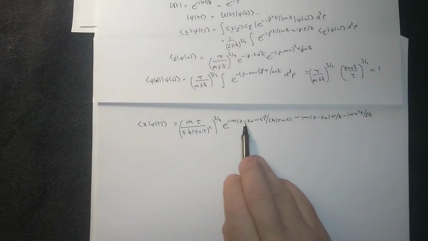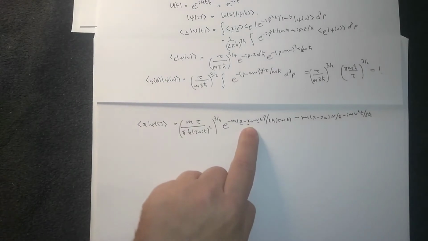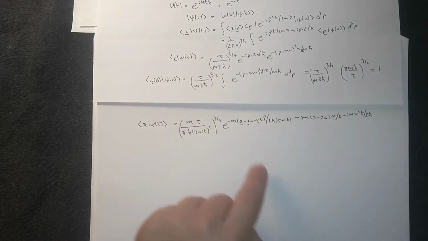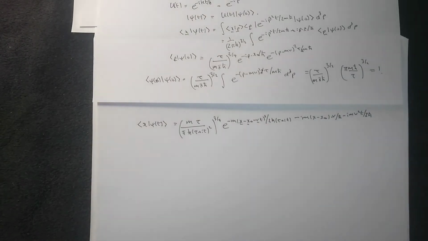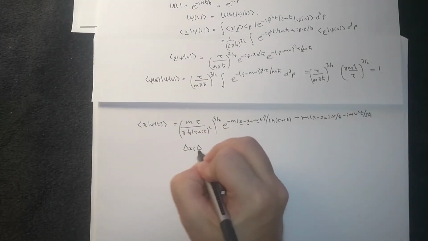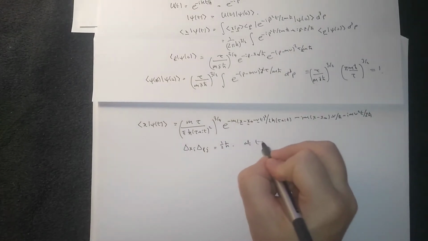So we can see that x naught is the location of the electron at t equals 0. The Gaussian evolves into a new Gaussian, but different parts of the wave function move at different speeds, and therefore we have dispersion. Initially we find that delta x_i delta p_j is a half h bar at t equals 0.